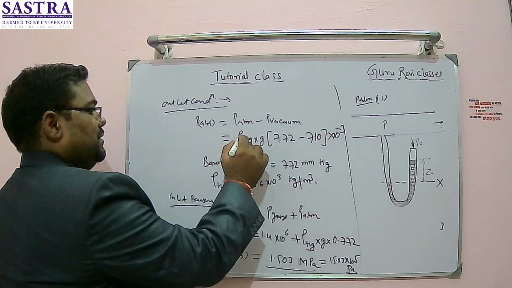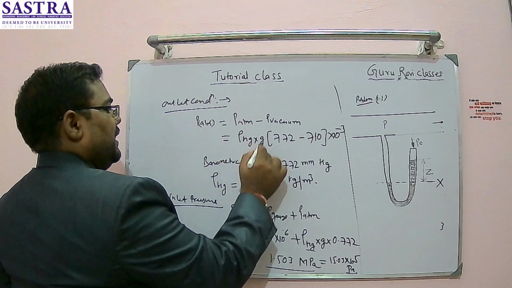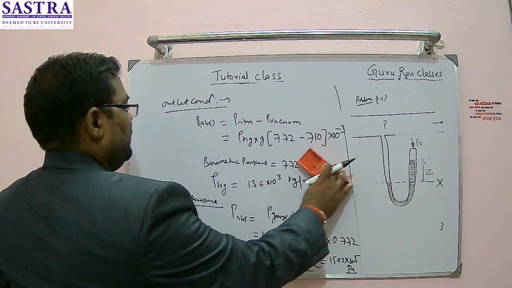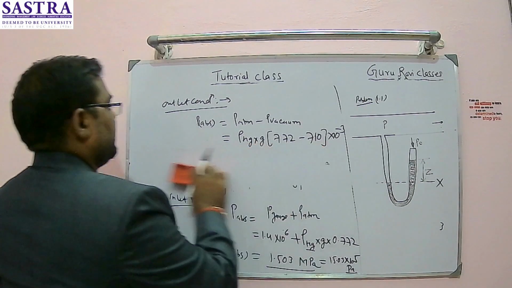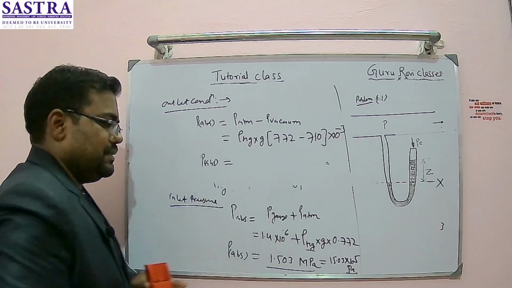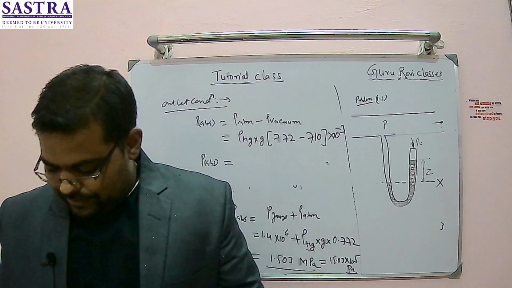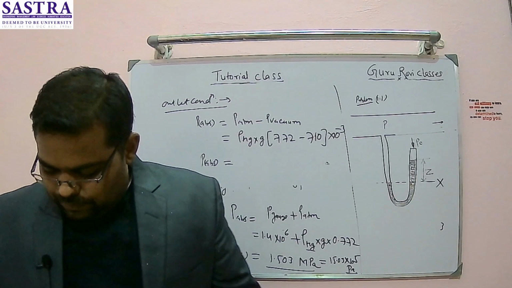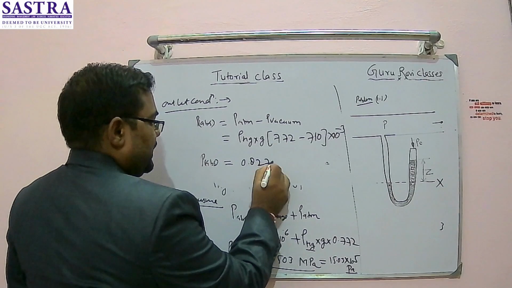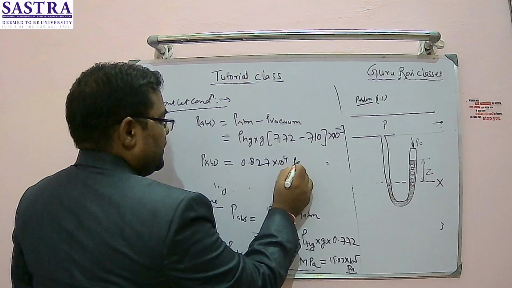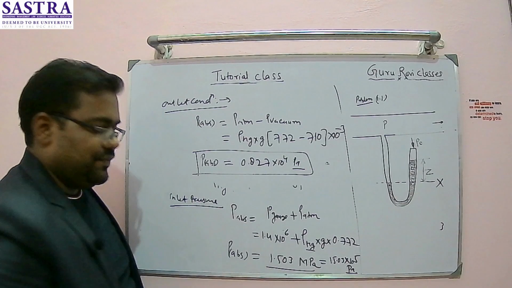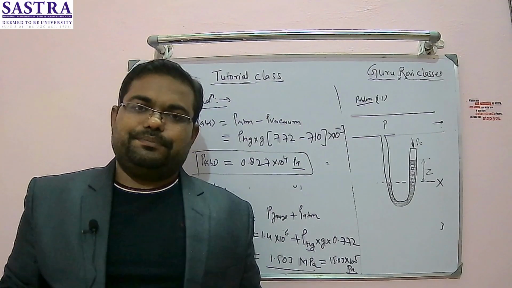So now substitute the value of density of mercury and g, and this complete thing you can get, the absolute pressure at the outlet from the condenser, which is coming around 0.827 × 10 to the power 4 Pascal. So this is the answer for the outlet pressure, and this was the answer for the inlet pressure for the steam, right?